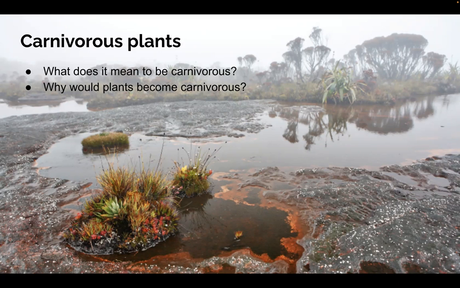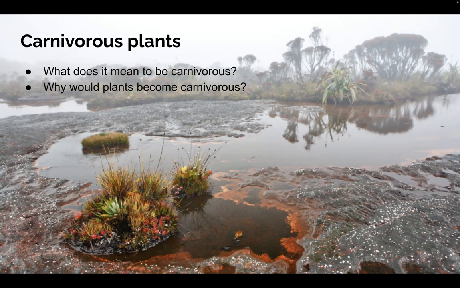Carnivorous plants have the specific part of their definition is really having the ability to draw in animals, effectively kill them, and take their nutrients. So a lot more involved than just an incidental nutrient uptake of animal nutrients. So those are the big ones we'll talk about.